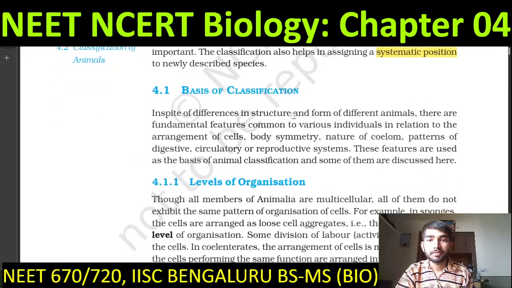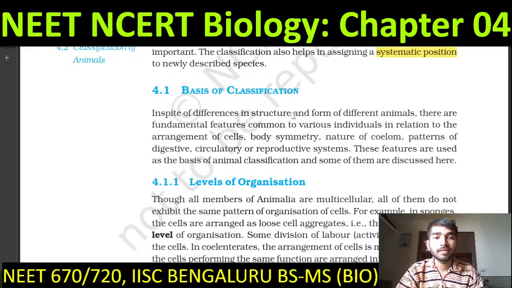For the animal kingdom, initially I told you Aristotle classified the organisms as plants or animals, and these two kingdoms have been there for a long time because they have very distinct and very pronounced differences in their morphology or external appearance.